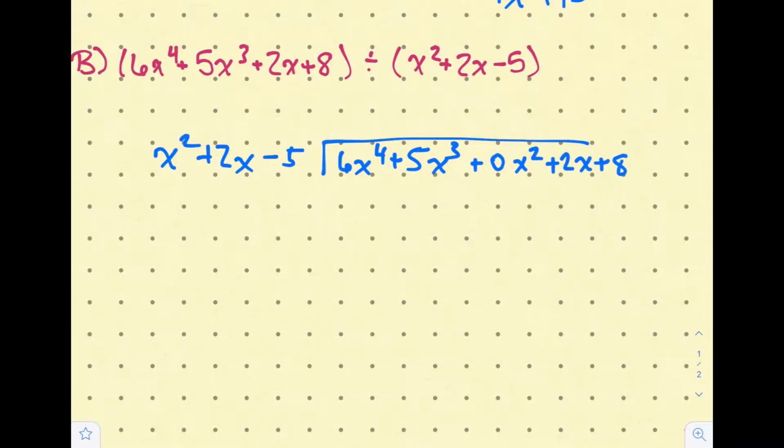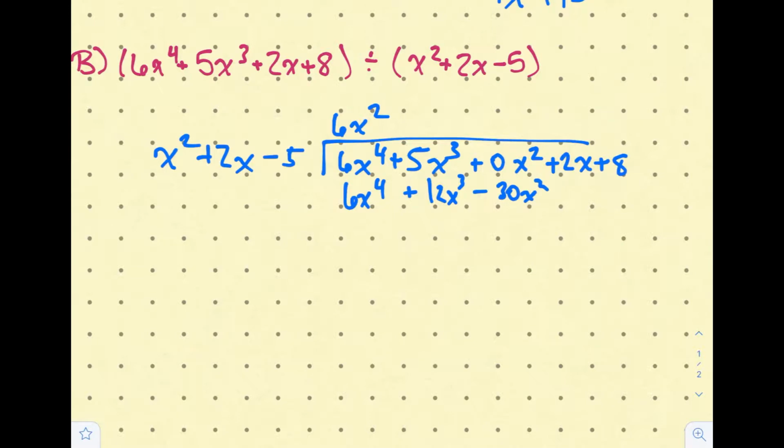And now we'll repeat. I want to know how many times x squared goes into 6x to the fourth. The answer is 6x squared times. I will multiply the whole divisor by 6x squared. So 6x to the fourth, 2x times 6x squared is 12x cubed, and minus 30x squared.